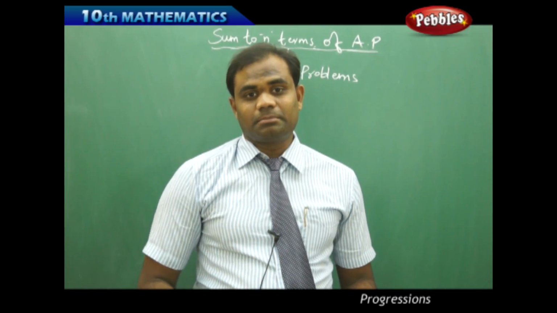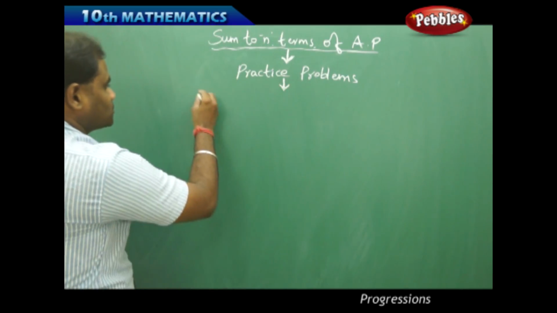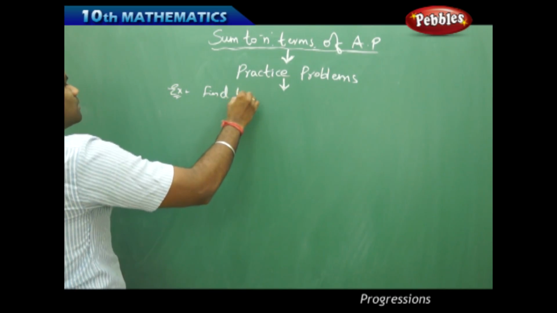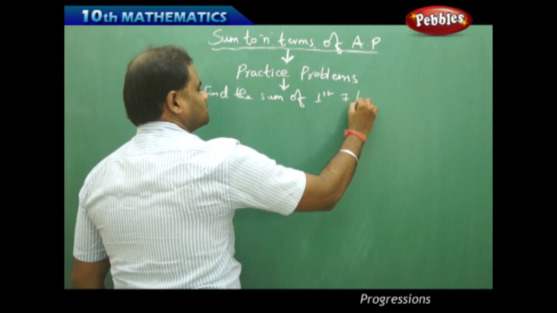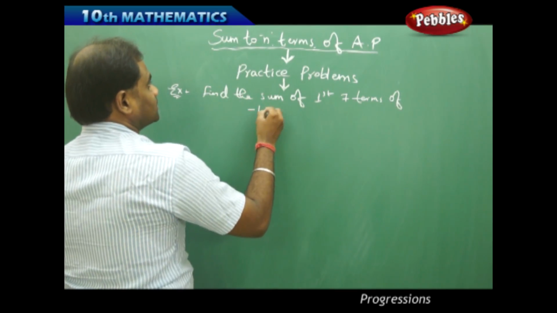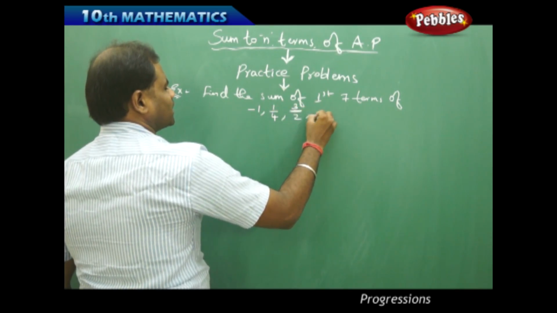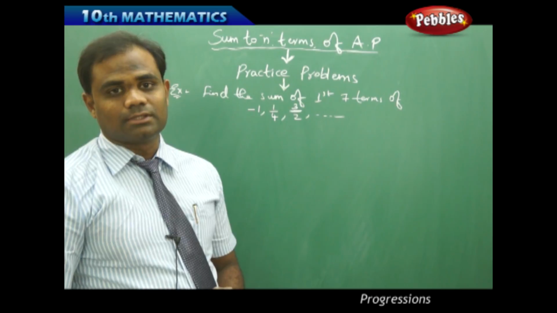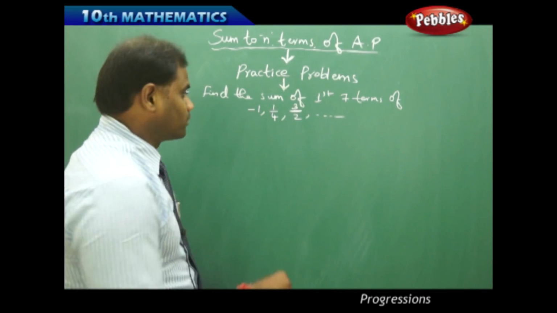Now let's see some example problems supporting the derived formula. Say, for example, I wanted to find the sum of the first 7 terms of, say, the pattern -1, 1 over 4, 3 over 2, and so on. In case of this, I would like to find the sum of the first 7 terms. So let's examine this for an arithmetic progression.